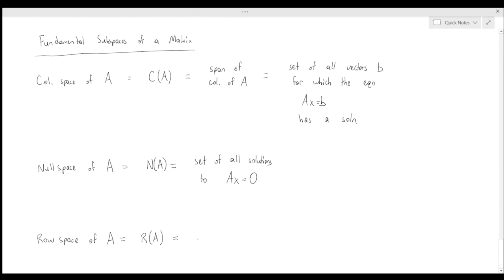But really the row space of A is defined to be the column space of A transpose, because the columns of A transpose were the rows of A, so it kind of makes sense.